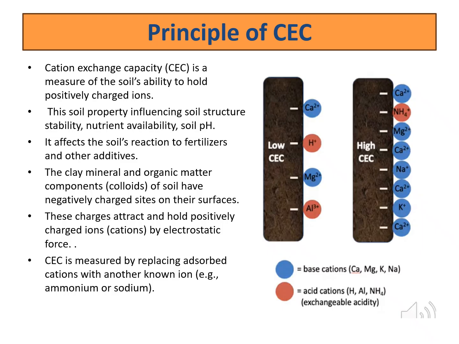Now there are two types of cations, acidic cations and basic cations. Base cations are calcium, magnesium, potassium and sodium, whereas acid cations are hydrogen, aluminium and ammonium. Base cations give exchangeable basicity and acid cations give exchangeable acidity.